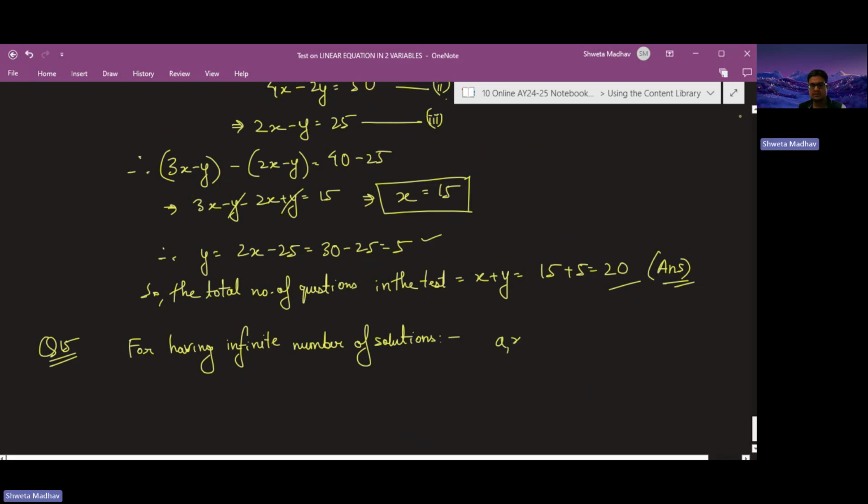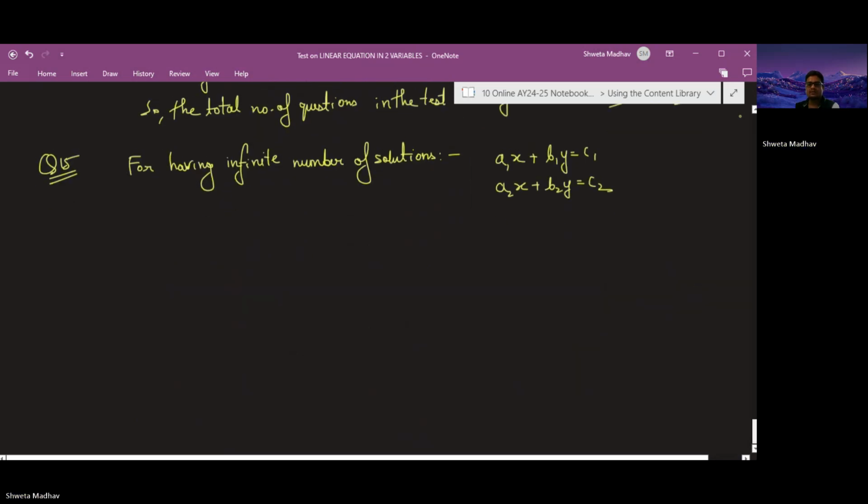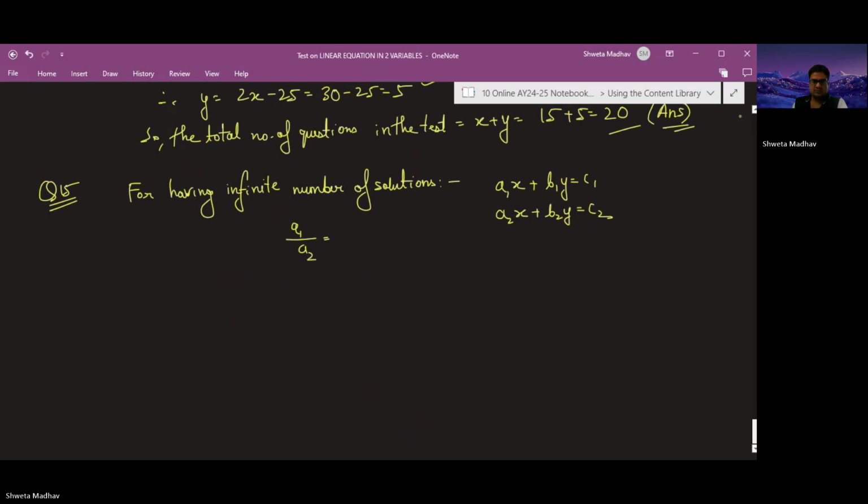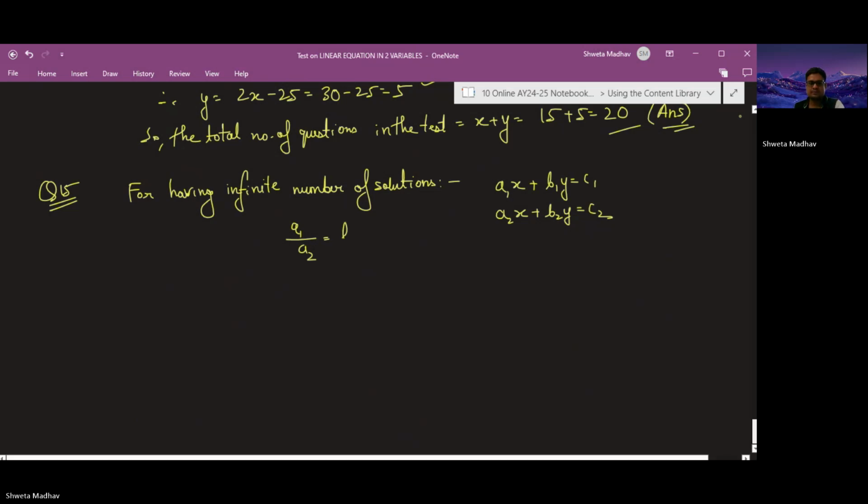suppose we have the equations a1x plus b1y equal to c1, and another equation a2x plus b2y equal to c2. And if we need to have infinite number of solutions, then we should have a1 by a2 equal to b1 by b2, equal to c1 by c2.